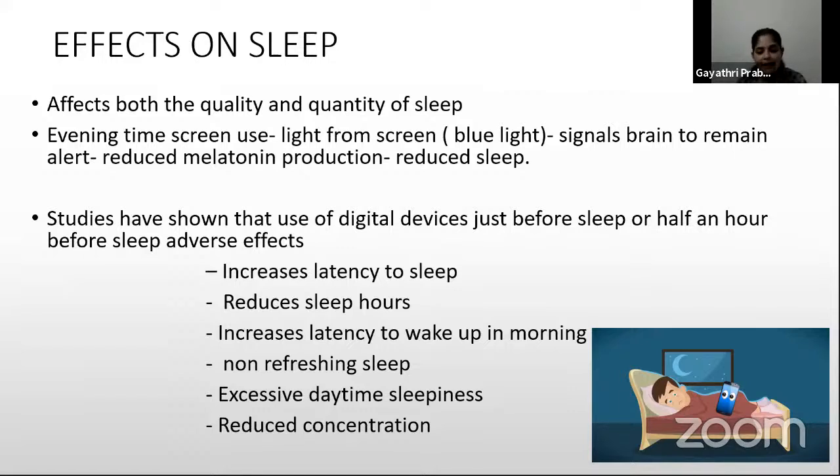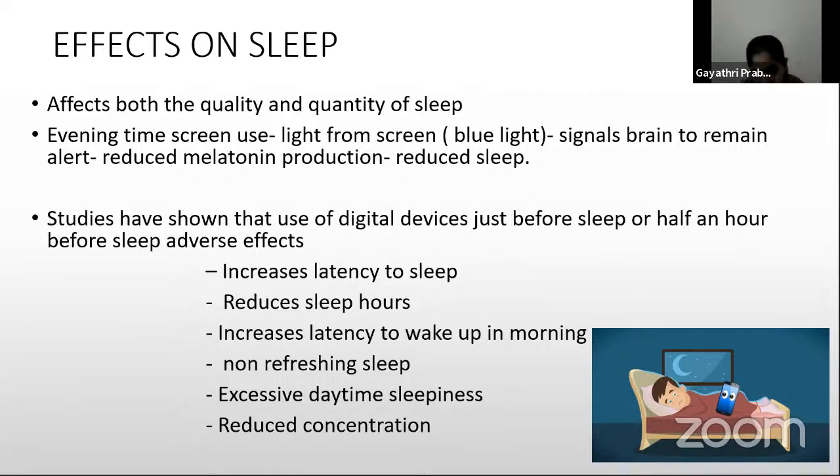It increases the latency to wake up, which means you feel it difficult to wake up in the morning. You might keep the alarm for 7 o'clock, you might even wake up at 7, but you don't feel like getting out of bed. Other than laziness, the other reason could be because of the adverse effect of screen use.